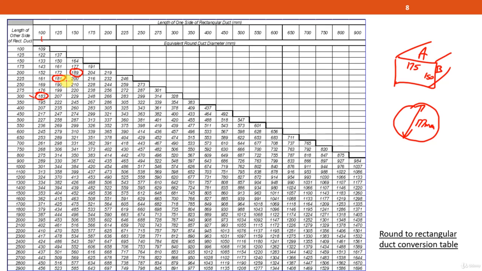So you should always choose a duct that is close to the top over here. The best is the first value over here, because this will give you a square duct. For example, 225 times 225, 250 times 250, they are all at the top. If it's just one or two rows below, it is still quite okay.